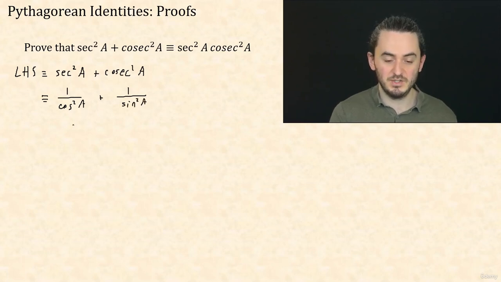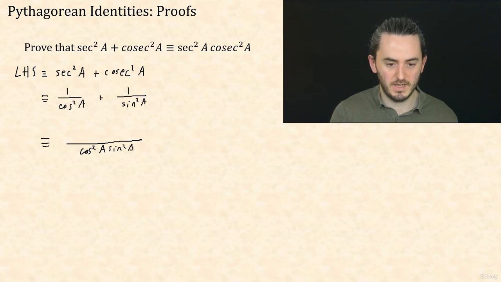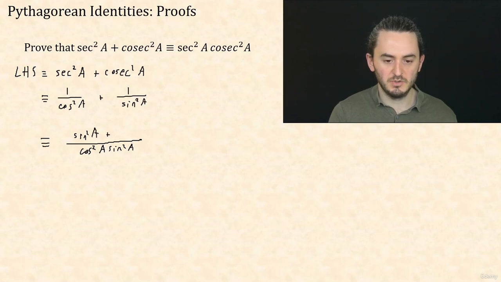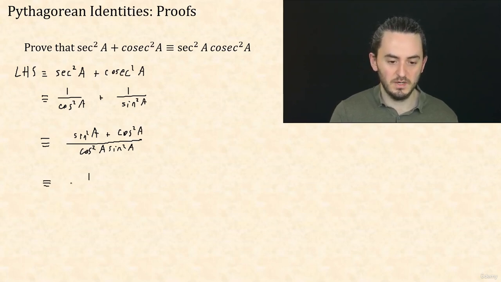And now I'm going to stitch these together using algebraic fractions techniques. My common denominator here is cos squared a sine squared a. And what have I got in my numerator? Well, multiply top and bottom here by sine squared a, multiply top and bottom here by cos squared a, and now we can see sine squared a plus cos squared a is one of my Pythagorean identities. It's 1. So I've got 1 over cos squared a sine squared a.